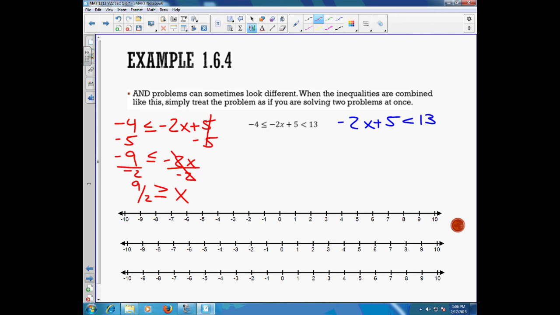So that means x is less than or equal to 9/2, because 9/2 must be greater than x. And so 9/2 is the same thing as 4.5. And so we're going to go to 4.5. We're going to get a bracket, and everything less than 4.5, which is 9/2.